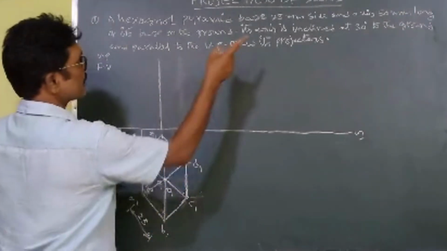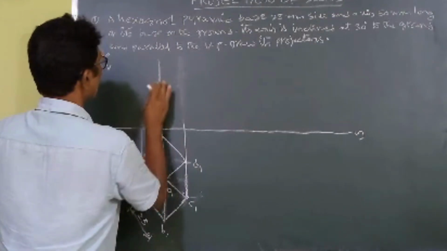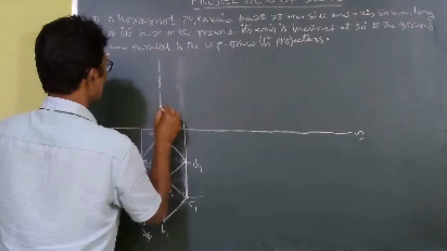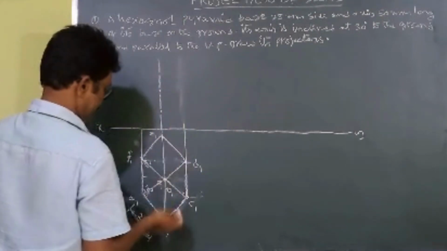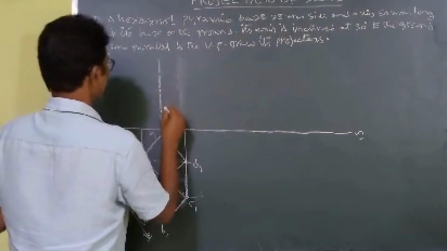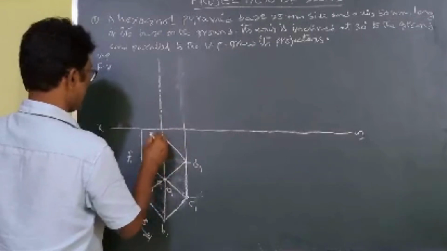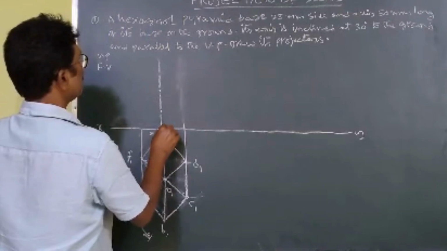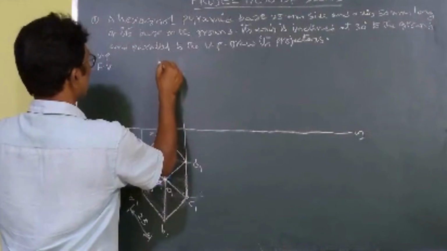This is the axis, and you have to represent it like this. Here also, with this point as center, you cut this axis with 50 mm.